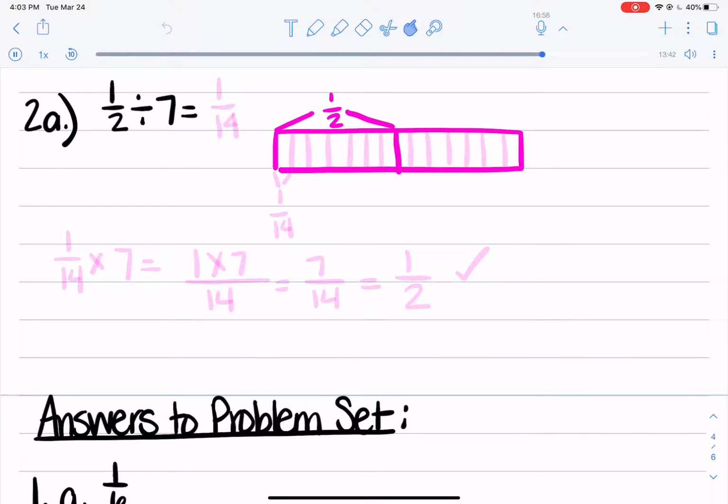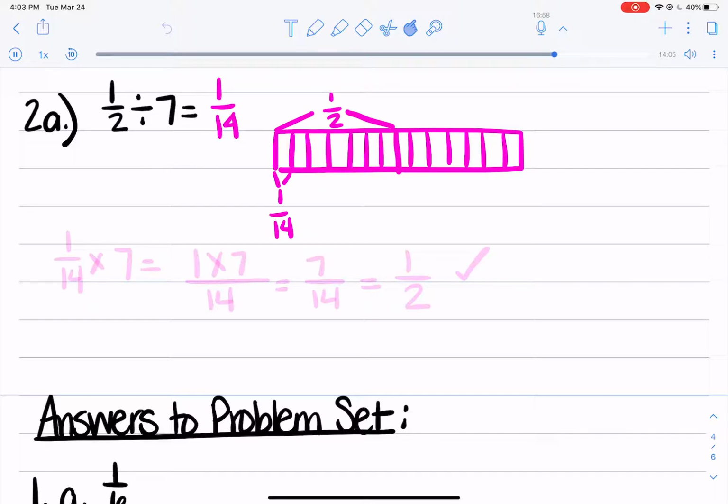I'm going to divide that into 7 equal parts. And I just want to know how much this is, and it is 1/14. So 1/2 divided by 7 is 1/14.